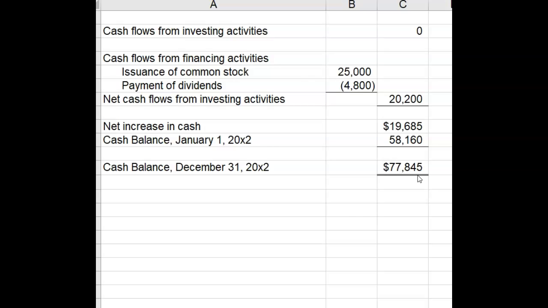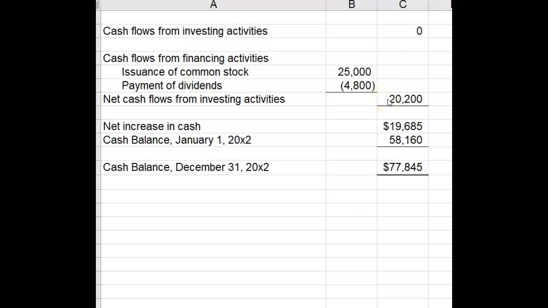You're not quite done with your statement of cash flows until you check and make sure this number is right. This is our calculated cash balance at December 31st, 20x2. We need to check that and make sure it agrees with the balance sheet at December 31st, 20x2. If it does agree, then we didn't make any major errors in our statement of cash flow.